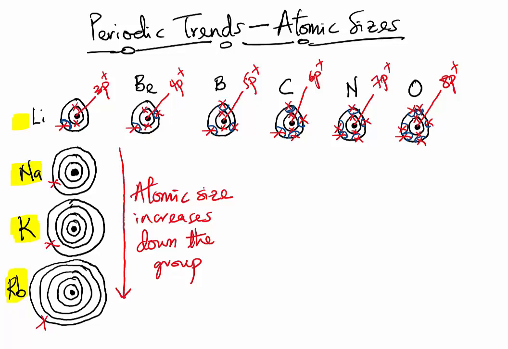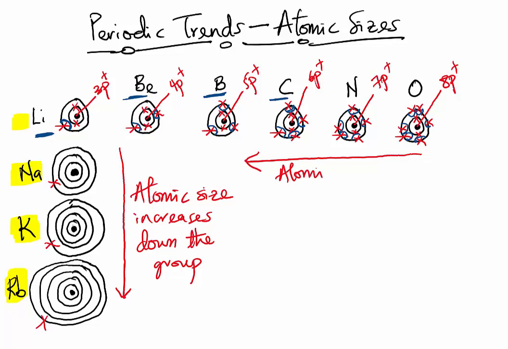And that is why lithium will be larger in size than beryllium. Beryllium will be larger in size than boron. Boron will be larger in size than carbon, and so on, which means that the direction of increase in atomic size will be towards the left.